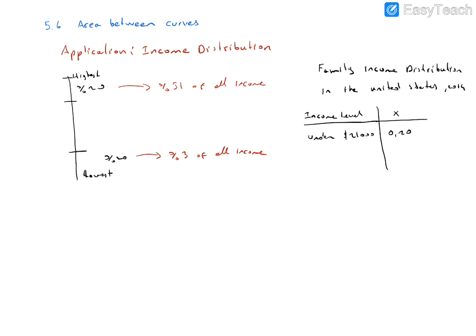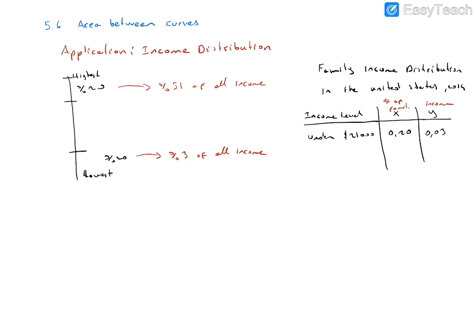0.20. So this is 20% of all people, and the y represents the income. So this is 3% of the total income. So this is the percentage of the number of families, let's say. This is income.